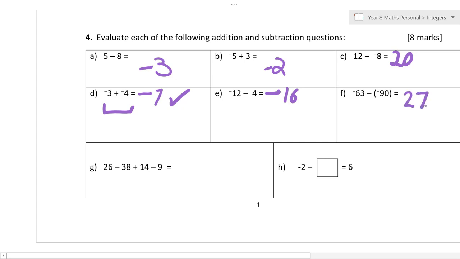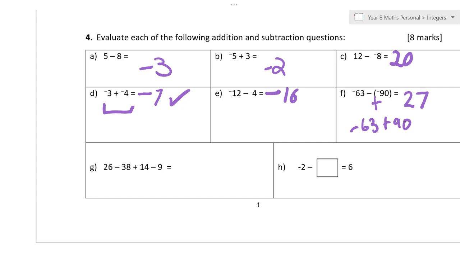Okay, so let's just break this up a little bit. So what she's saying is the negative and the negative becomes a positive. So what she has is minus 63 plus 90. And then what she's done, of course, well, 90 minus 63 is 27. Good, keep going.